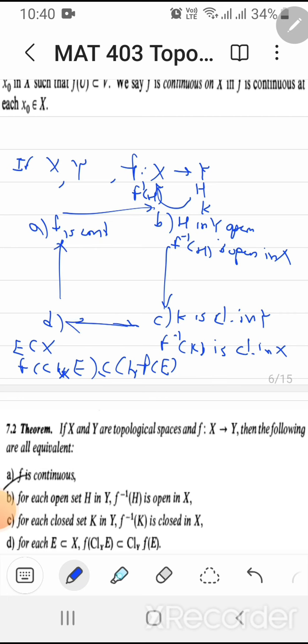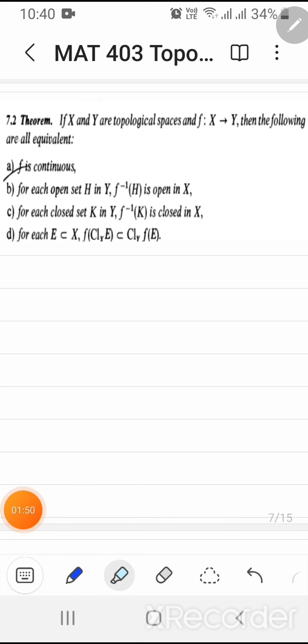Let us see the result. The theorem is: if X and Y are topological spaces and f from X to Y is a function, then the following conditions are equivalent. The first condition is f is continuous.